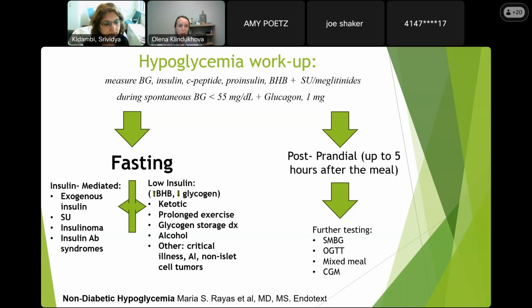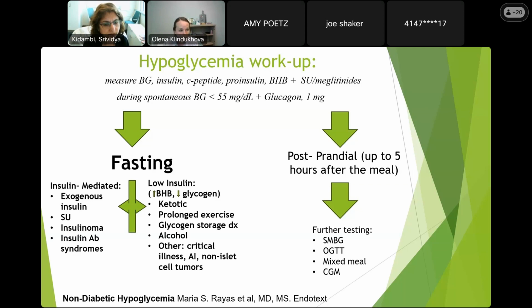For the low insulin level, patients will have elevated beta-hydroxybutyrate and decreased glycogen storage, so those would be ketotic. Among those that I will cover in a couple more slides will be glycogen storage disease, alcohol use, and obviously acute illness as well.